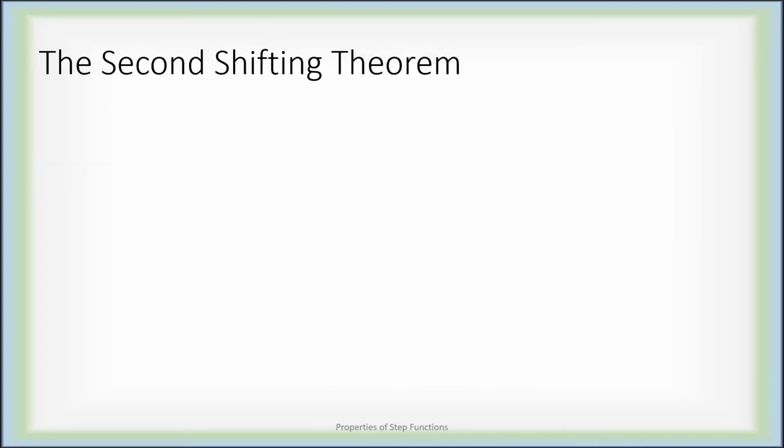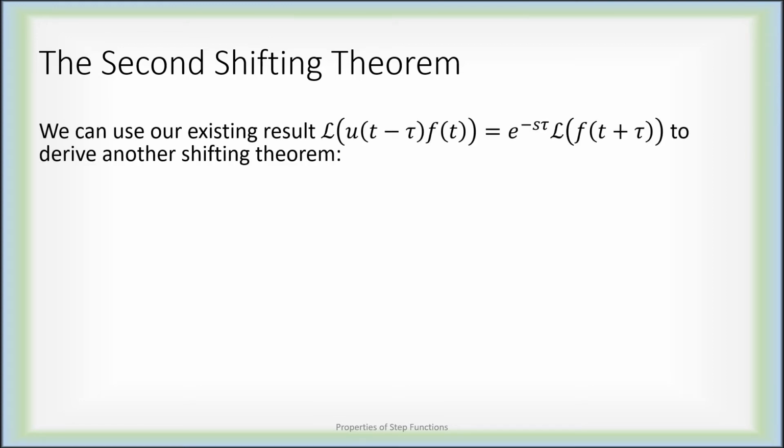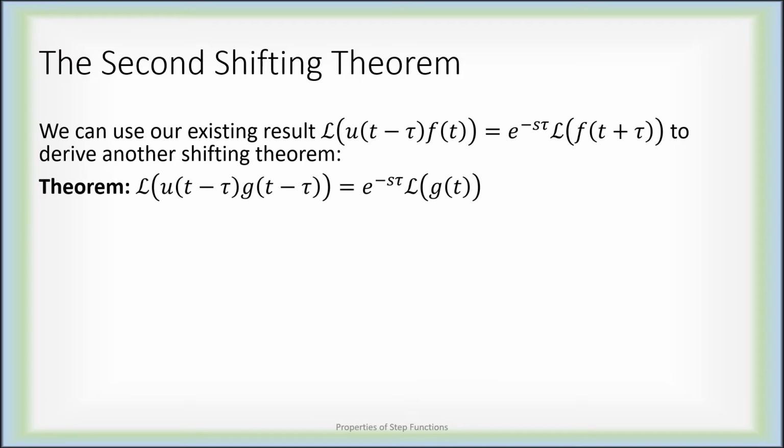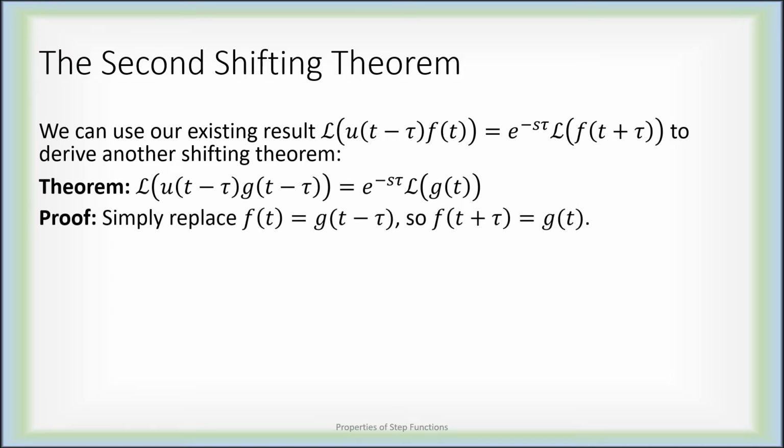And this gives rise to something that we call the second shifting theorem for Laplace transforms. So here's the result we just proved. The Laplace transform of a step function at tau times f of t is just an exponential e to the minus s tau times the Laplace transform of a shifted version of f. We rephrase this as the following theorem. The proof is very quick.